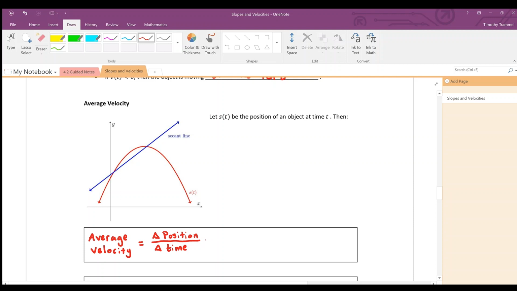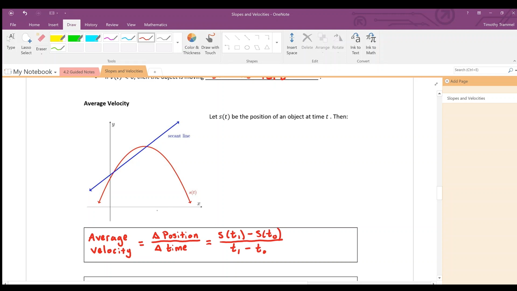But in the picture up above, S of t is actually a position function. So we could rewrite this a little bit. How about S of t1 minus S of t naught, I like that idea better, all over t1 minus t naught.